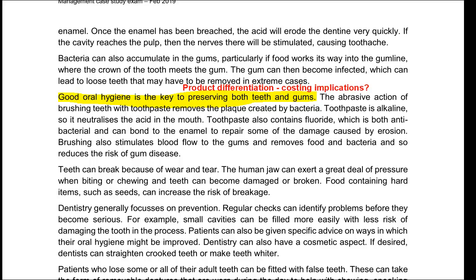Now, as we go through this paragraph, we can see that there's reference to toothpaste, fluoride, and also the brushing motions. So toothbrush, fluoride, toothpaste, these are just typical supplies that dentists will have, perhaps not even for their own treatments, perhaps as add-on products or freebies to their customers.